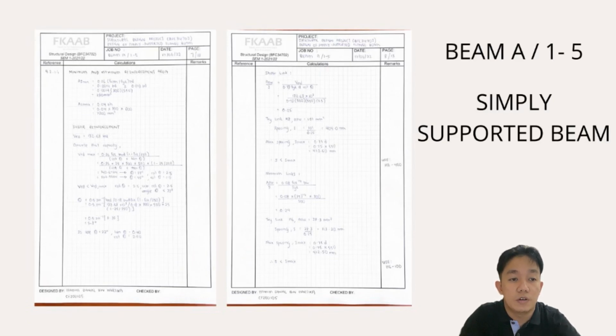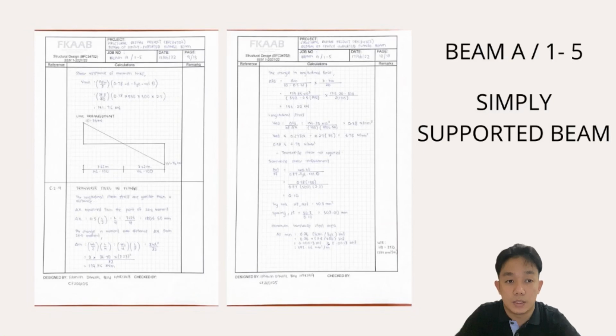For the shear reinforcement, the VEd that I got before was 132.68 kilonewton. For the shear links, I use H8-400 and H6-100. For the link arrangement, I get 151.76 kilonewton for the high and the low.